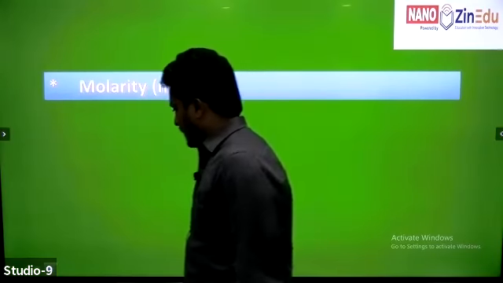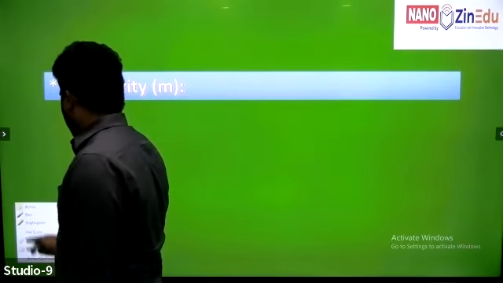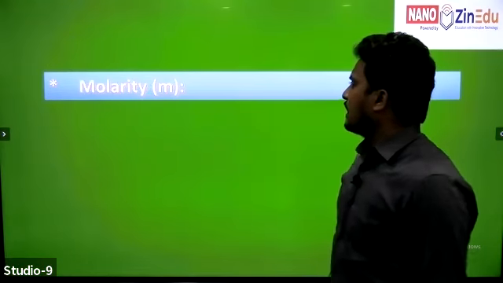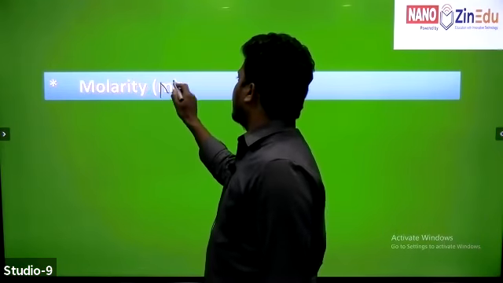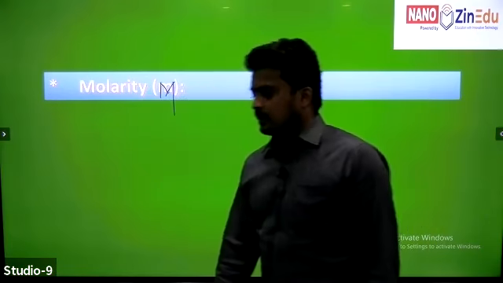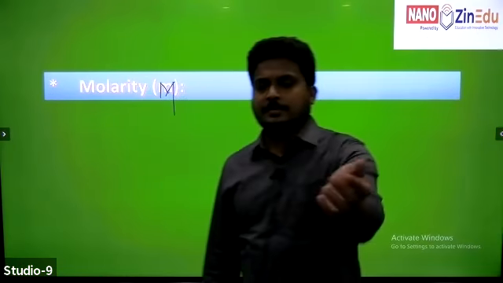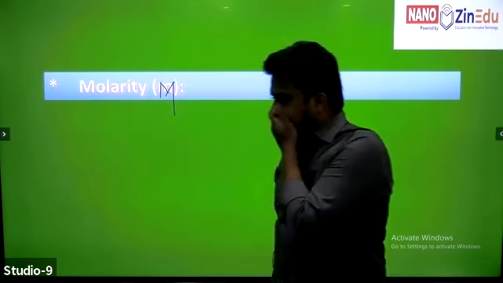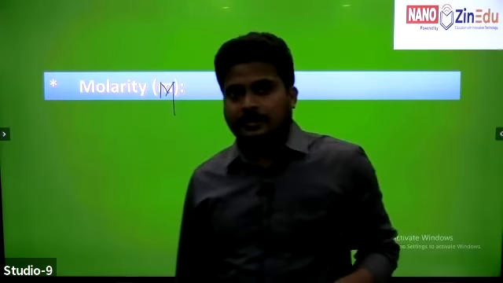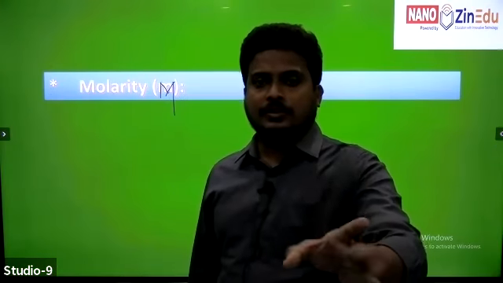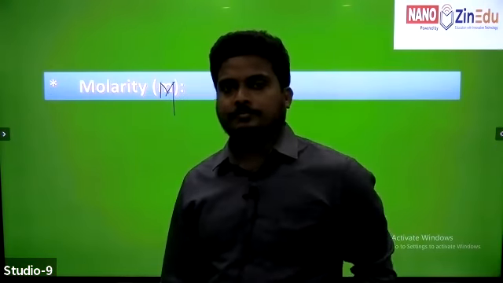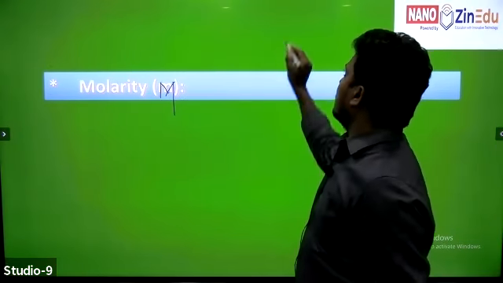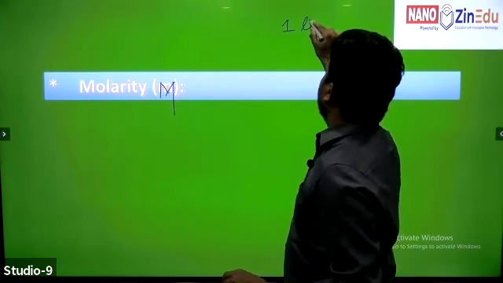Next concentration term, that is molarity. Actually, it is represented by capital M, not small m. Molality is denoted by small m, and molarity is denoted by capital M. What is molality? Number of moles of solute present in 1 kilogram of solvent. Now here I am taking 1 liter of solution.